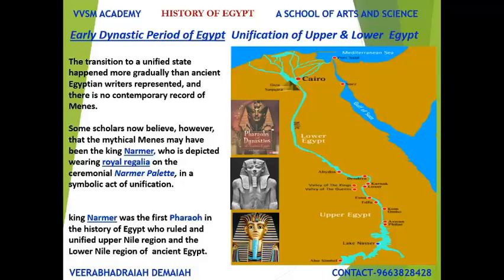Some scholars now believe, however, that the mythical Menes may have been the king Narmer, who is depicted wearing royal regalia on the ceremonial Narmer Palette in a symbolic act of unification of Egypt, the upper and the lower Nile River of Egypt. King Narmer was the first pharaoh in the history of Egypt who ruled and unified the Upper Nile region and the Lower Nile region of ancient Egypt.